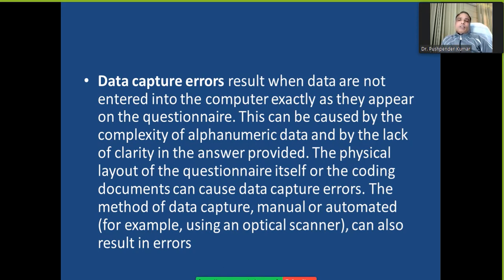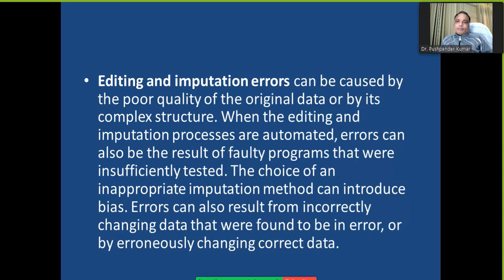Your software is actually capturing the data. So how you put that information into SPSS manually matters. Generally we have a questionnaire, we see each and every question and its answer, and then manually we feed the data.